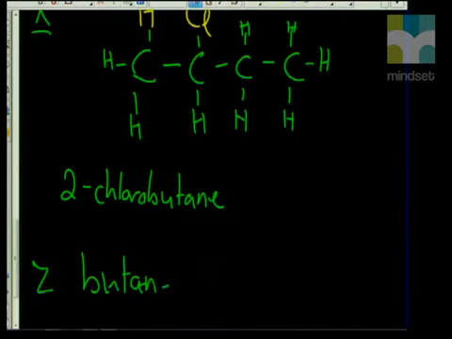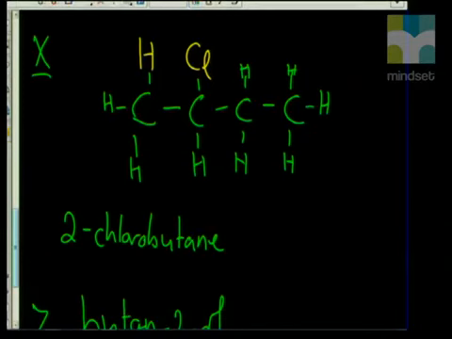Which number is it on? The alcohol is on carbon number 2, and we'd end it as butan-2-ol. Always give the position as a number in the name. That's what the IUPAC requires. And so you see, it doesn't say butan-ol. No, that's not right. We want to give the number to the ol part. The ol is the alcohol.